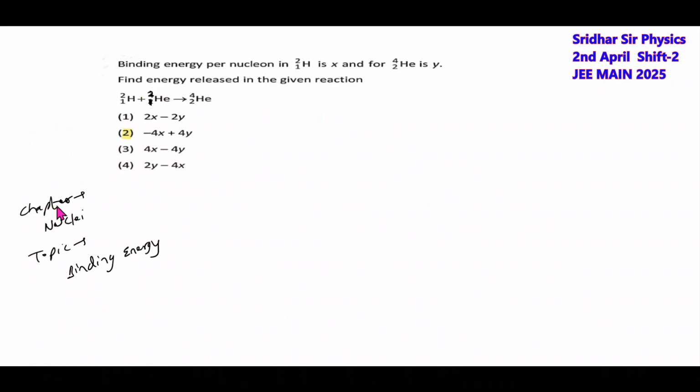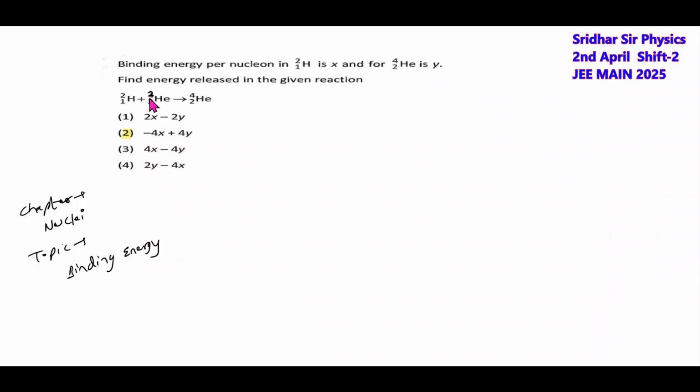This question belongs to the chapter nuclei, or nuclear physics, and the topic is based on binding energy. The binding energy per nucleon of deuterium is X, and that of the helium nucleus is Y. Find the energy released in the given reaction.